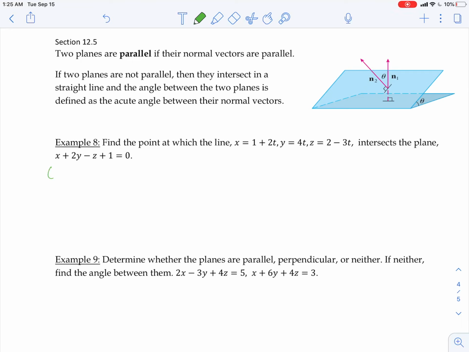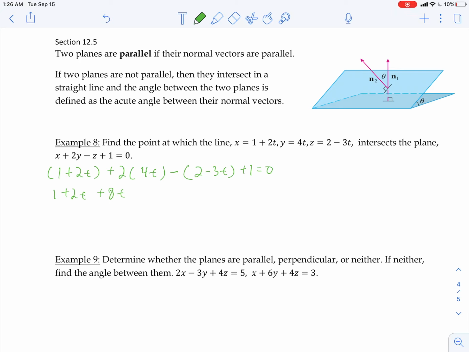So for x, we put 1 plus 2t, plus 2 times our y, 4t, minus our z, 2 minus 3t, plus 1 equals 0. And now we're just going to solve this equation for t.